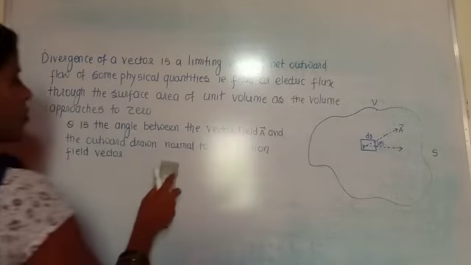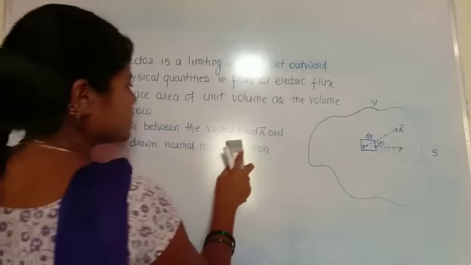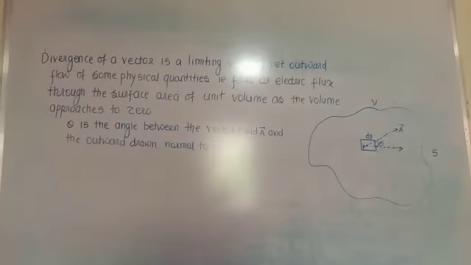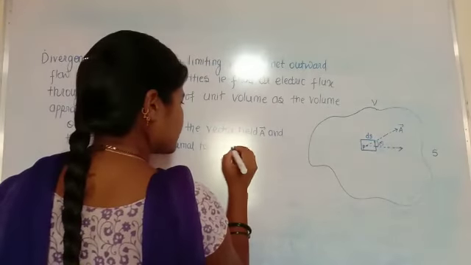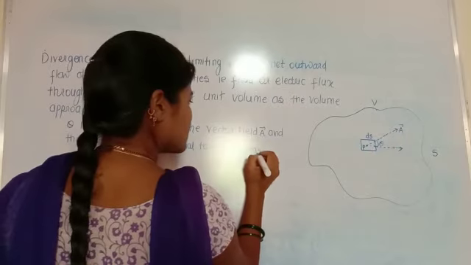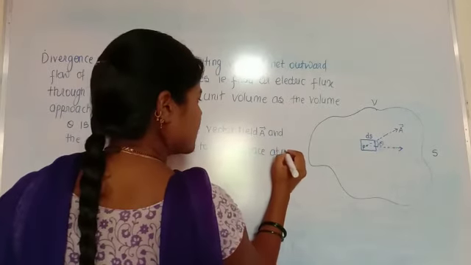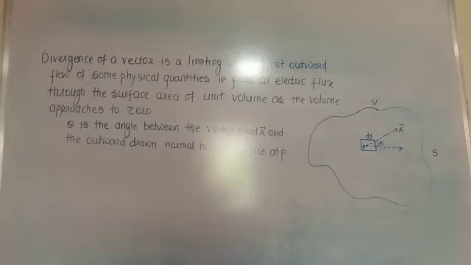This is the surface, and this is the normal to the surface at point P.